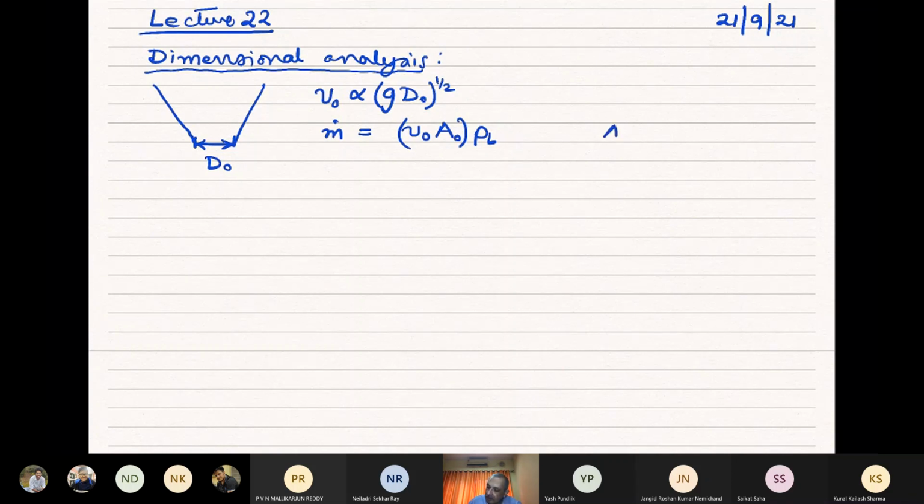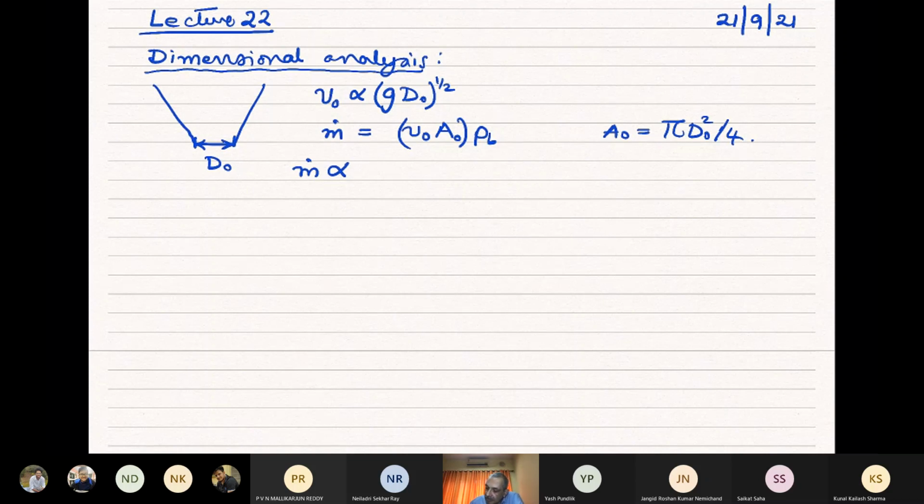Now the area is just equal to pi d0 squared by 4, so we can write down that the mass flow rate must be proportional to... I'll not bother about pi by 4 because I'm not writing any constants here.